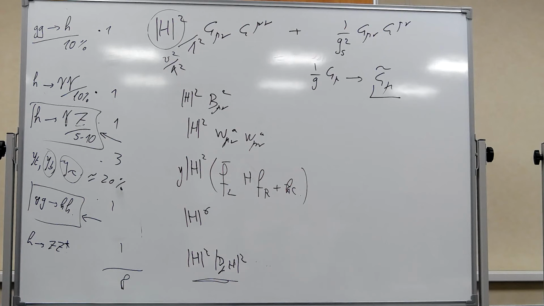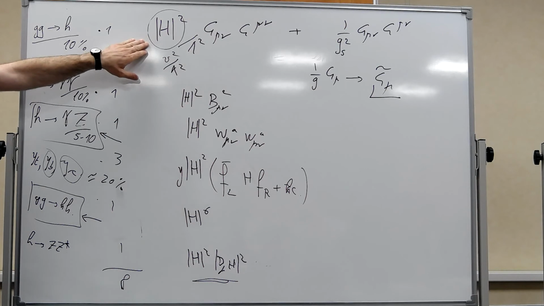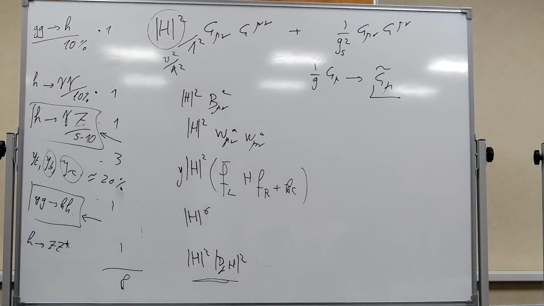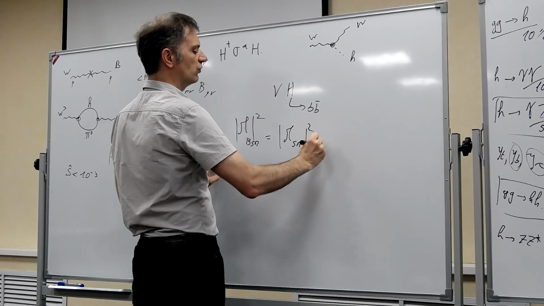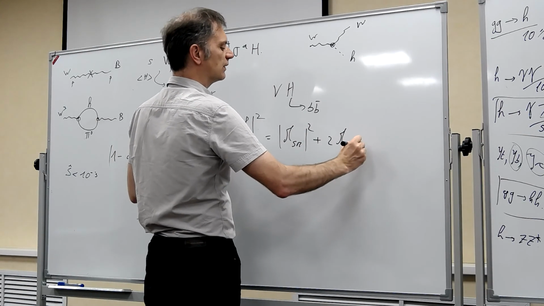So let us try to write some operators. For instance, (d mu |h|^2)^2, which is one of the operators that we discussed yesterday. So the question is, what do you expect as a function of g? So how many powers of the coupling do you expect for this operator? So you know that has to be a dimension 6 operator, so you certainly put a mass scale, so g star F squared.